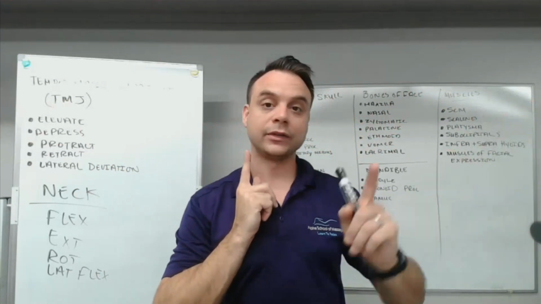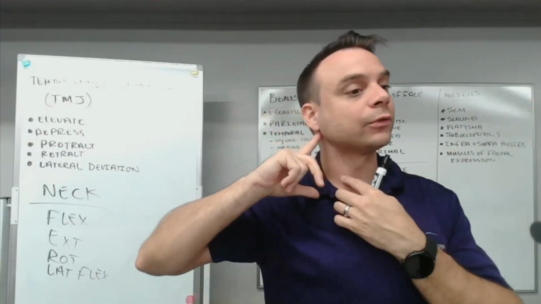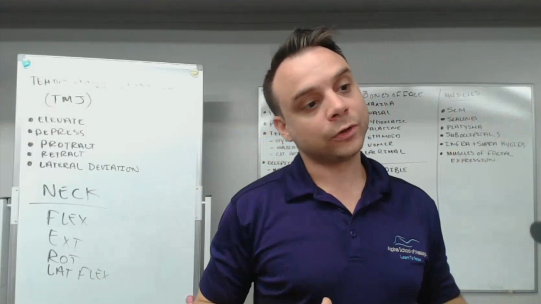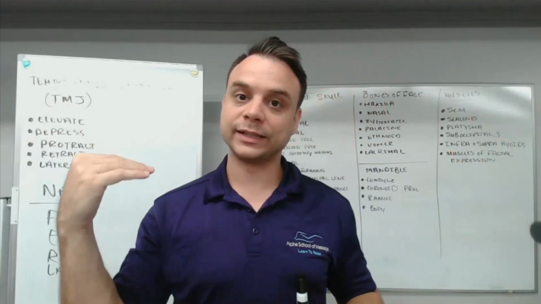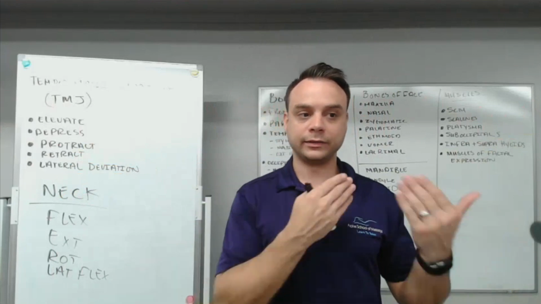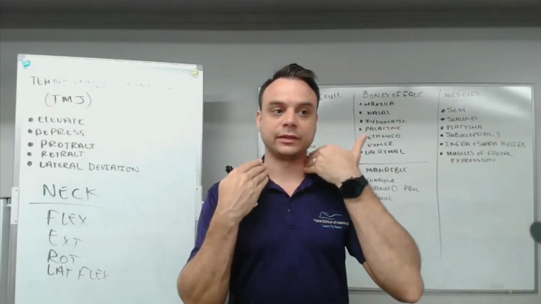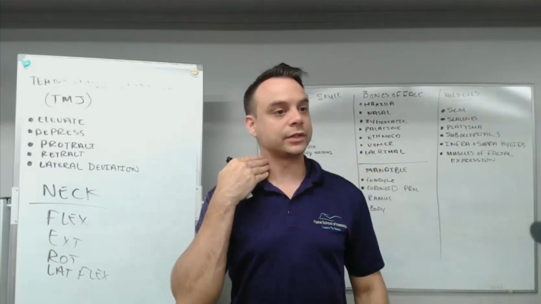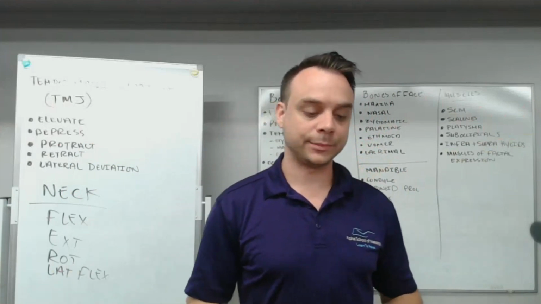I'm turning to the left. That's rotation to the opposite side. And lateral flexion, as you can see, my ear is coming towards my shoulder, tilting to that side. It's the same actions, it's just that the left side is going to turn me to the right, and the right side is going to turn me to the left, because they're rotating to the opposite sides.